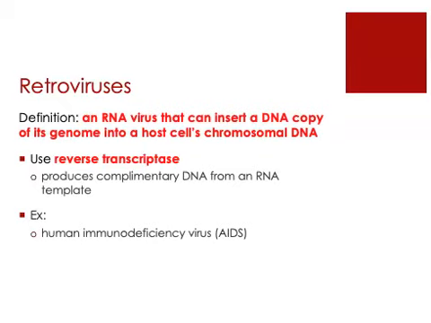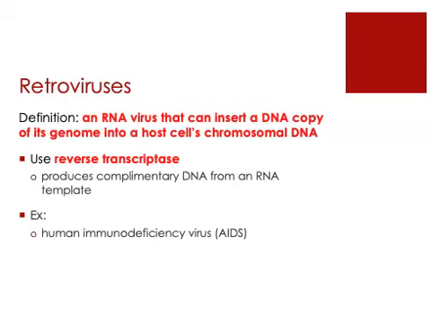So this is a virus that, rather than just have its genetic material copied by the host cell, is going to take its genetic material, create a DNA copy of it, and then insert that DNA into the host cell's DNA. It's going to place its DNA into the chromosome of the host cell.